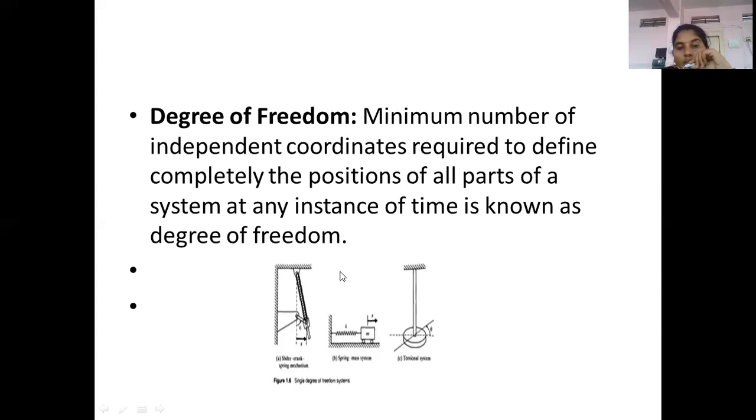I request all of you to please write down this definition of degrees of freedom in your notebook.